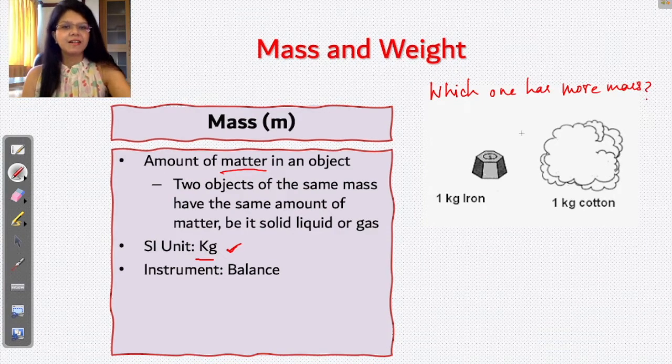Which one of these two items that you see here has more mass? If you said that they have the same mass, you are correct. If you said that they have different mass, you are wrong.